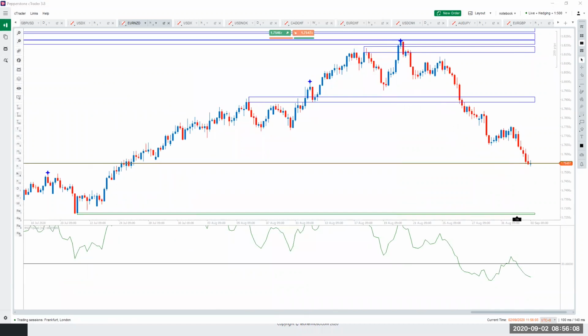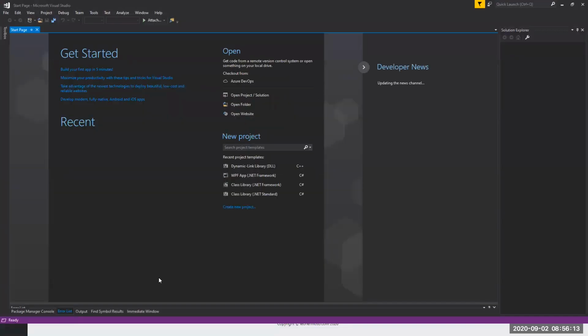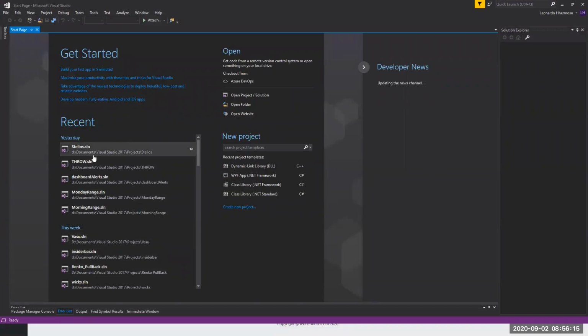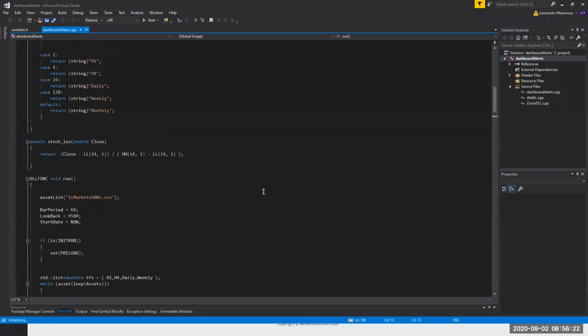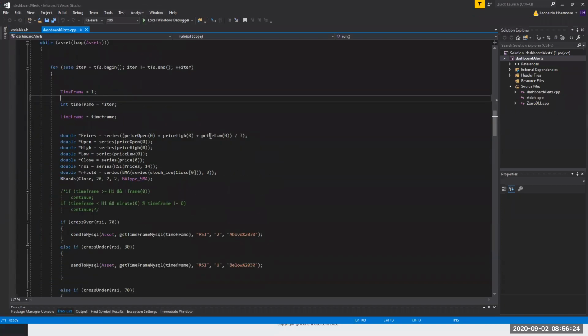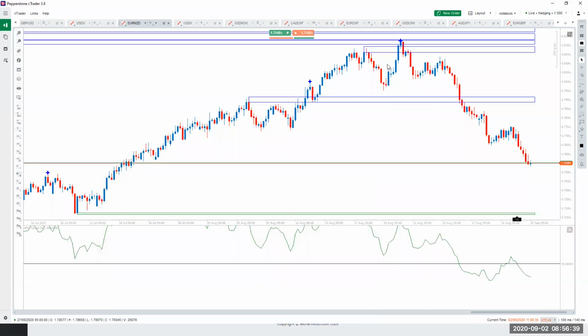I think I'm using the typical price, that is open plus high plus low divided by 3, to generate the RSI because it's more reliable. So this way we don't have the spikes and something like this.